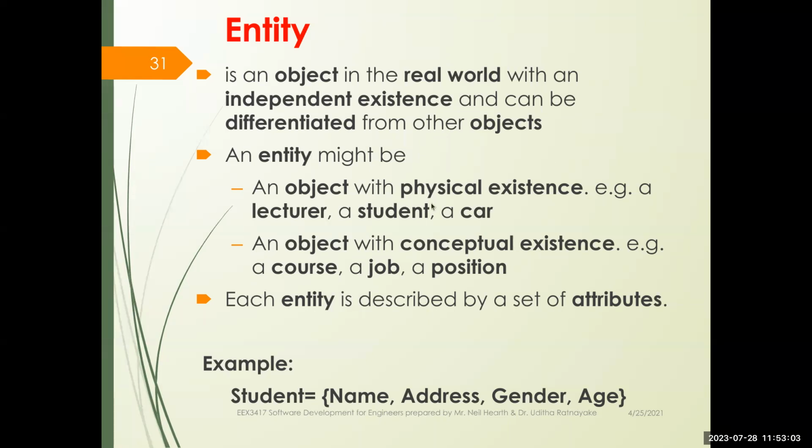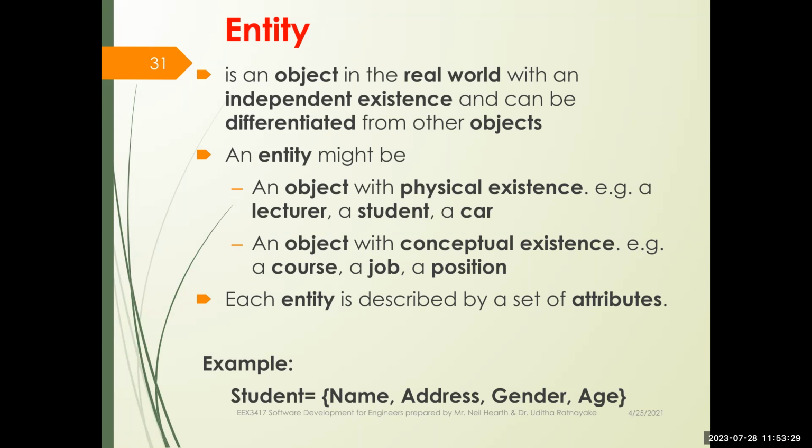Each entity is described by a set of attributes. Suppose a student has a name, a student has an address. We can write it like this also: a student has one or more addresses, so we should take it separately.